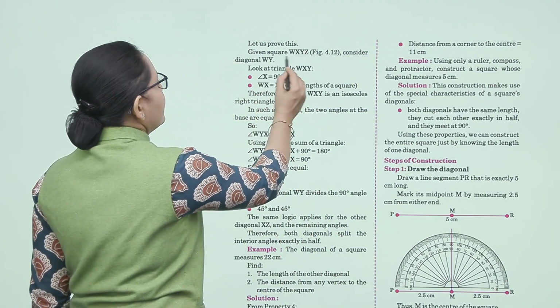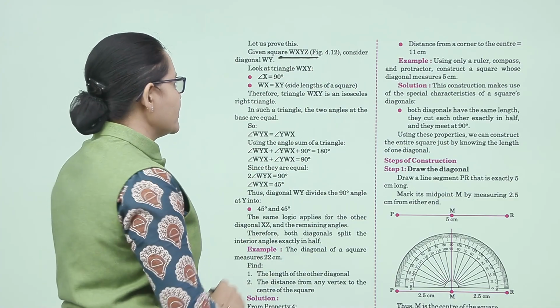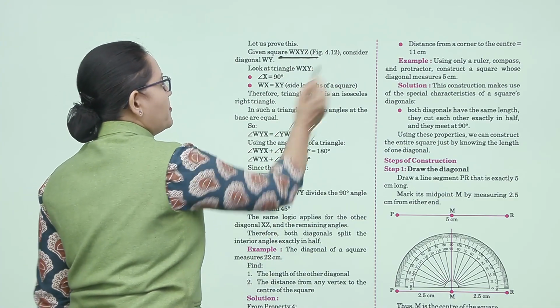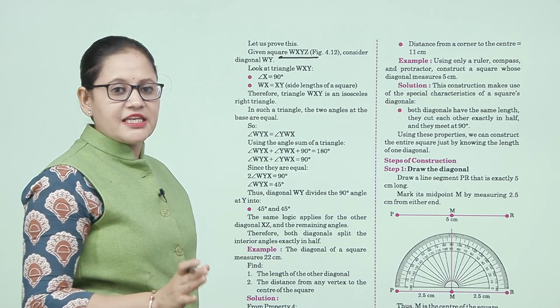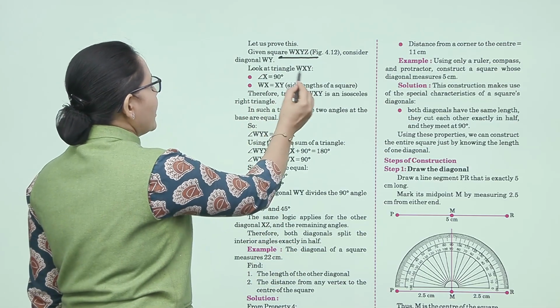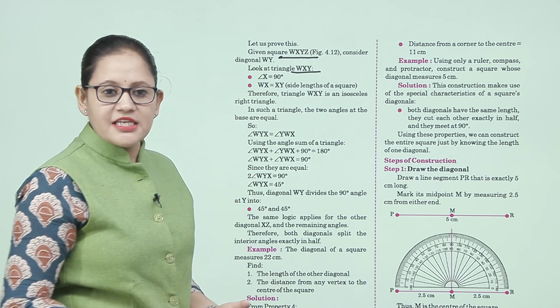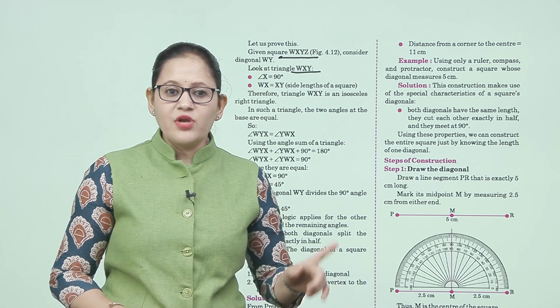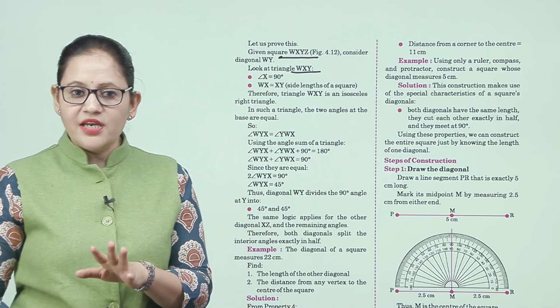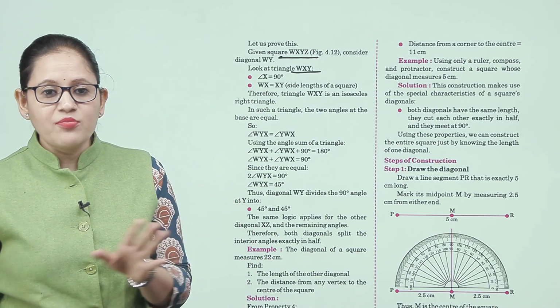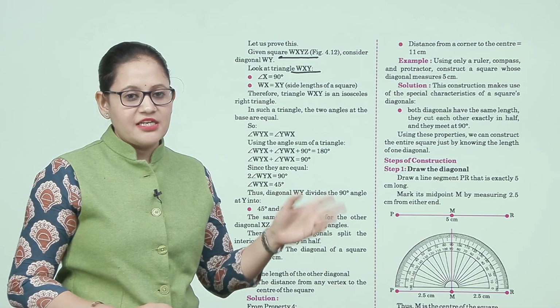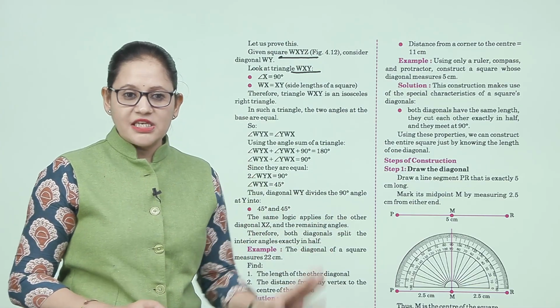Let us prove that, given a square WXYZ. In figure 4.12 you can see, consider the diagonal WY. Look at the triangle WXY. Angle X is 90 degrees, and we know WX equals XY, the side length of the square. Therefore, the triangle WXY is an isosceles right triangle, meaning two sides are equal.